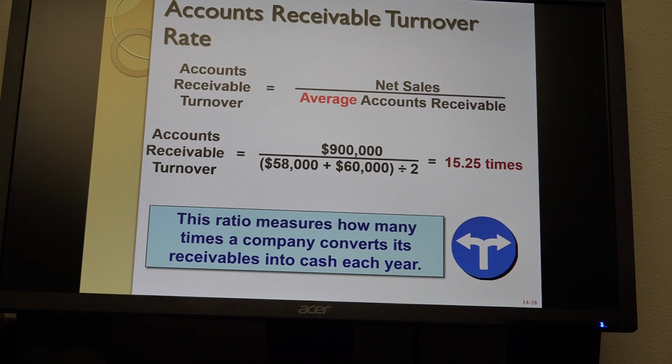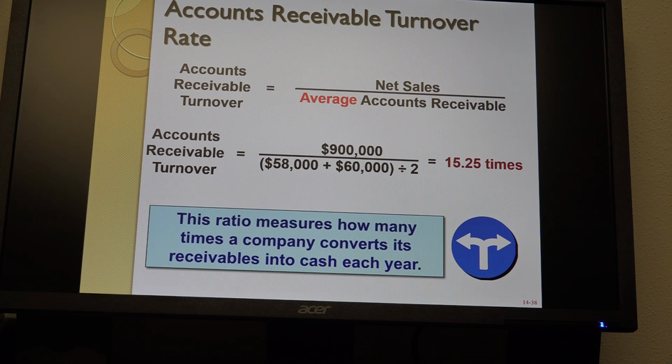So you could divide that into 360, which is generally a better number to use than 365. And essentially what they're doing is they're collecting their receivables every, what would that be? 360 divided into 15.